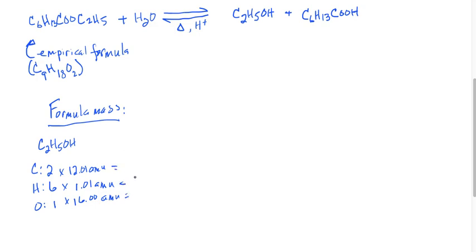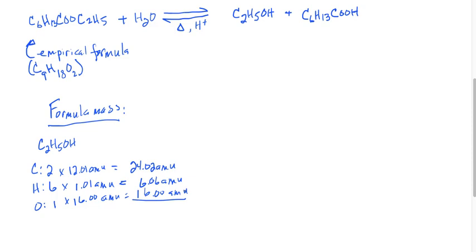We'll just do some basic math here. Alright, so this would give us 24.02 AMU. This would give us 6.06 AMU, and then of course this is 1 times 16. If we add all this up together, let's grab our calculator.